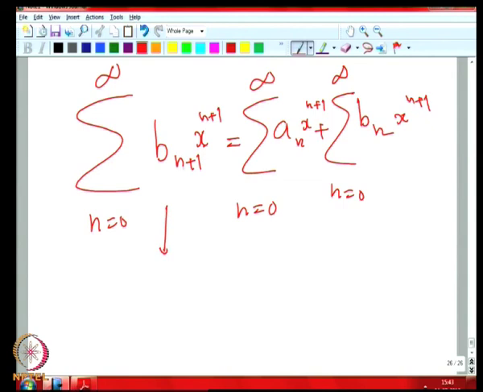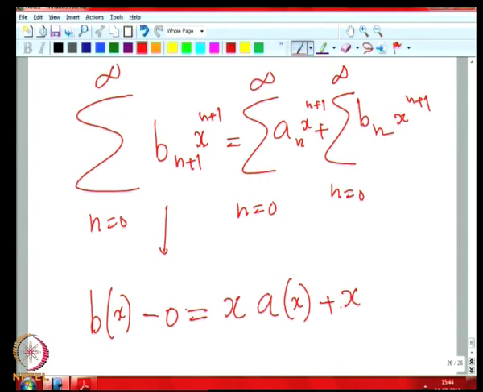Because n plus 1 goes from 1 to infinity, this is not really b of x, it is only b of x minus b0, which is 0, we know. So b of x minus 0 equal to x into a of x, since a n into x raised to n with n from 0 to infinity gives a of x, plus x into b of x.